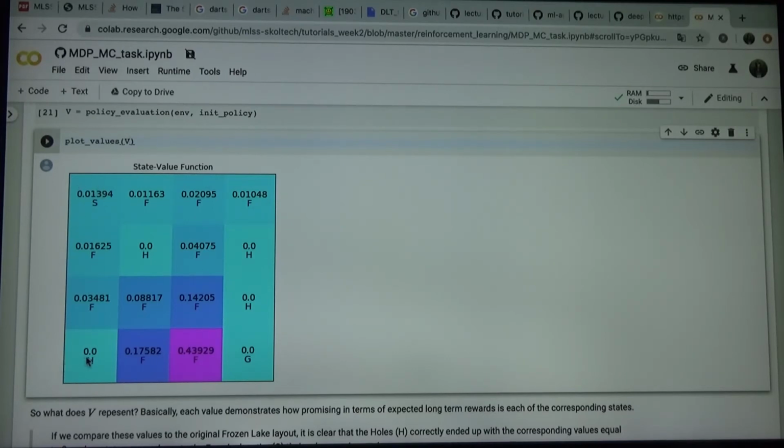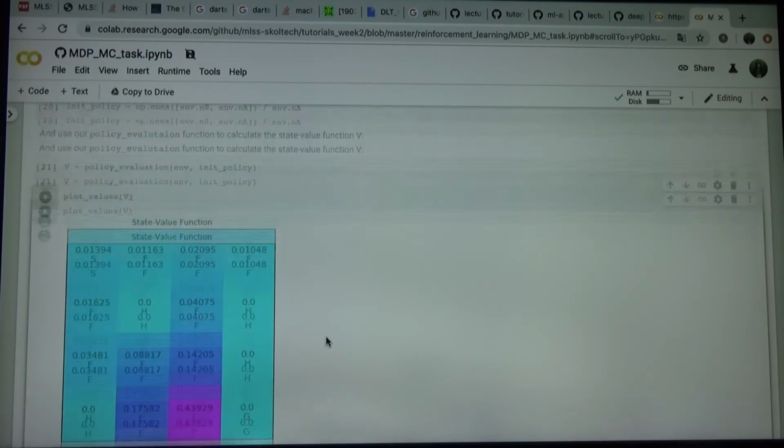We can see, for example, that all of the holes and the goal will receive a 0 value, because if, for example, we are doing an action in this state, and the next action is going to be go to the right, our game is going to terminate.